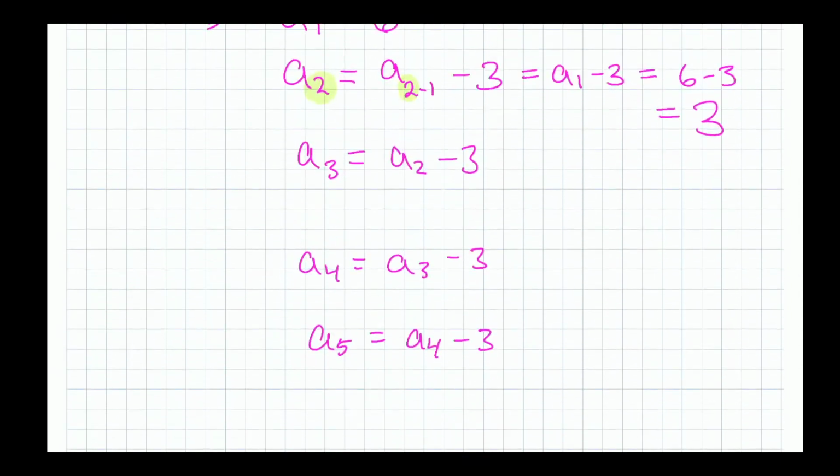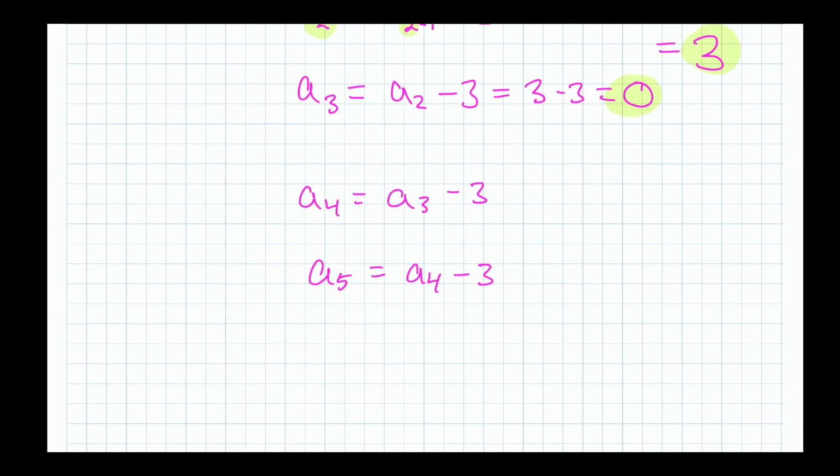So if you actually calculate these, then you have A3 is A2 minus 3, but A2 is actually right here. So 3 minus 3, which is 0. And then A4 is A3 minus 3, but what's A3? It's what we just calculated. A3 is 0 minus 3.